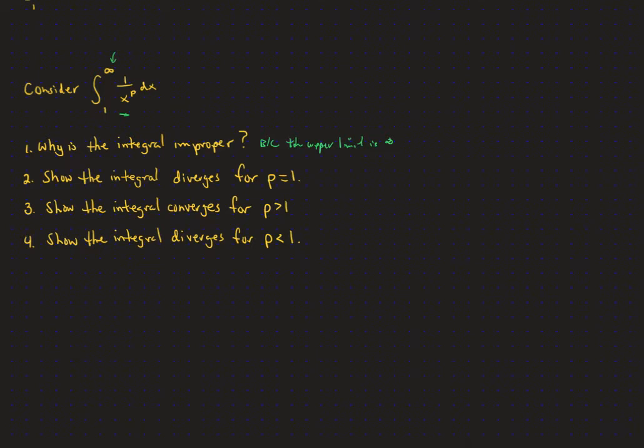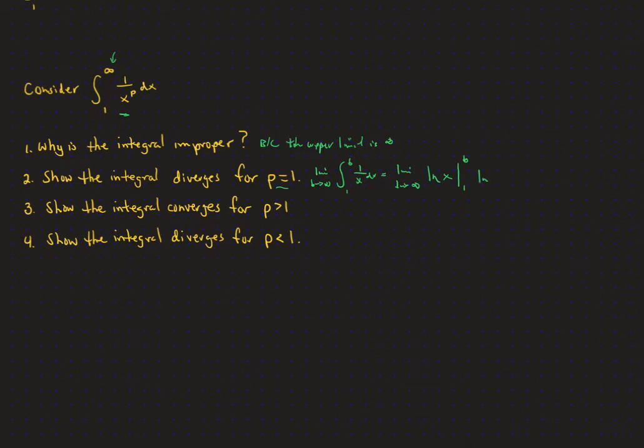Now, if we choose p to be 1, then our integral is the limit as b goes to infinity of the integral going from 1 to b of 1 over x dx. So we know that's the limit as b goes to infinity of the natural log, and we don't really have to use absolute value here because our interval is going from 1 to positive infinity, so there's no danger of trying to evaluate a logarithm of a negative.